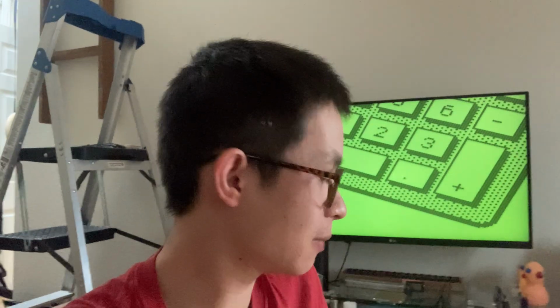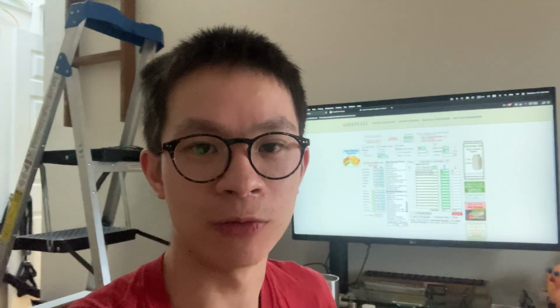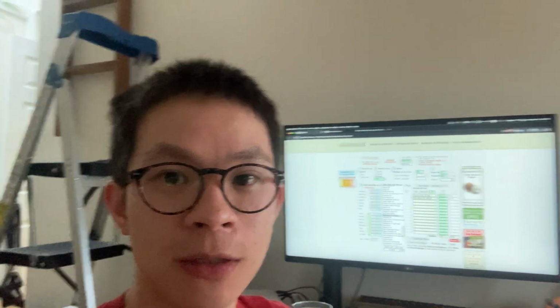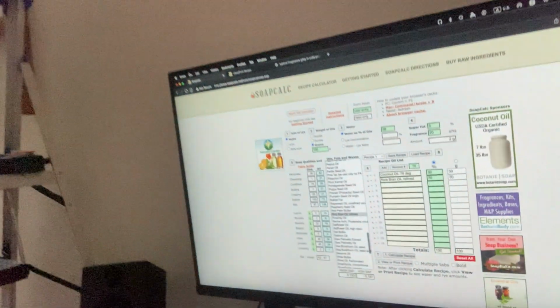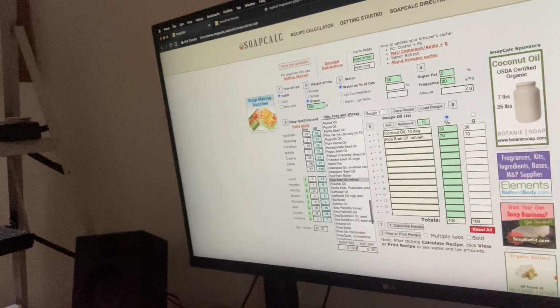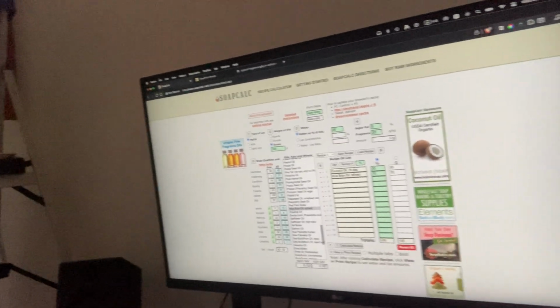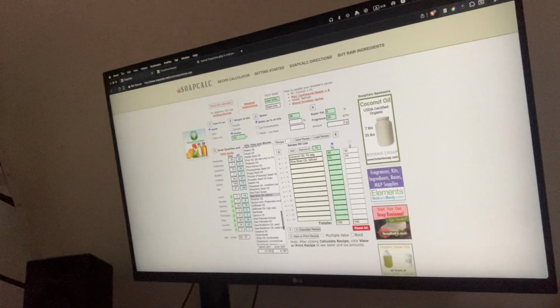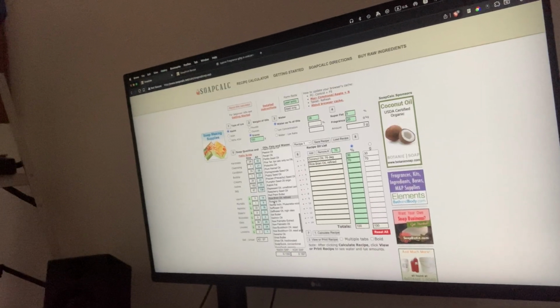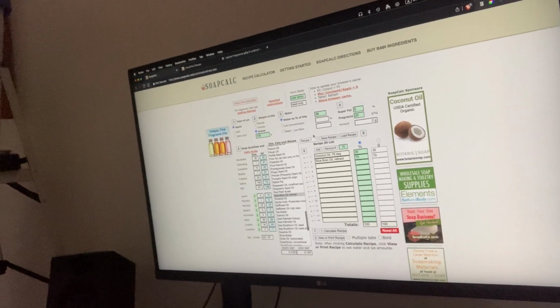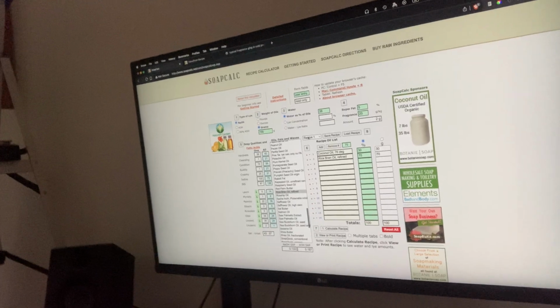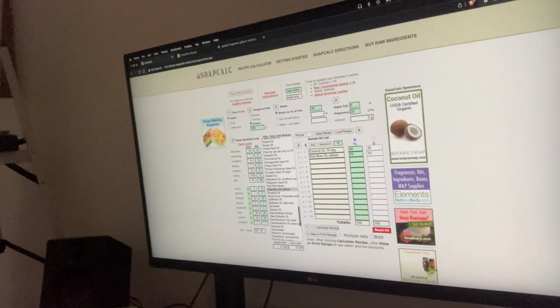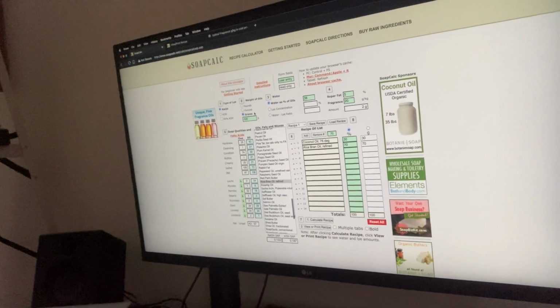All right, so the first step is you've got to come up with a recipe. To do that, there's a website, soapcalc.net. There are other websites, but this is just the standard. It's really user unfriendly, and there probably is a better and easier website to use, but whatever.